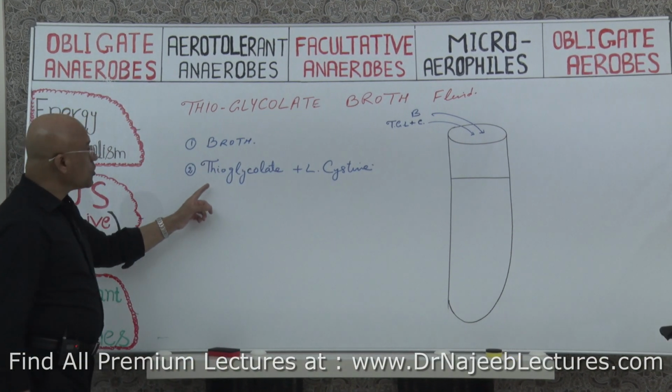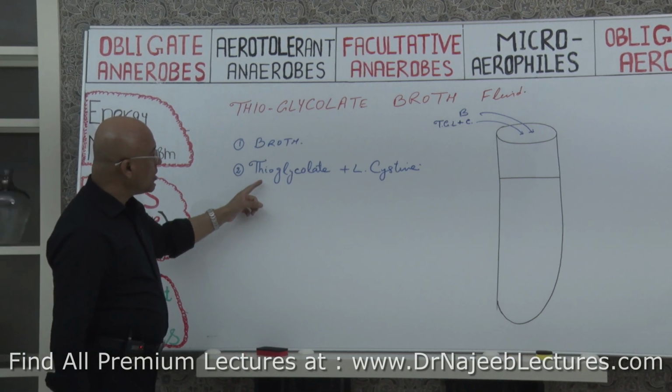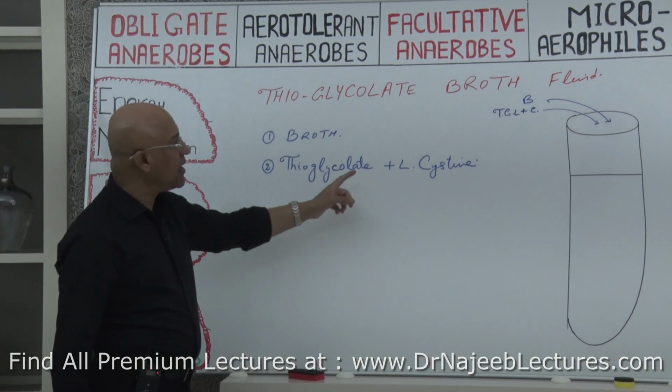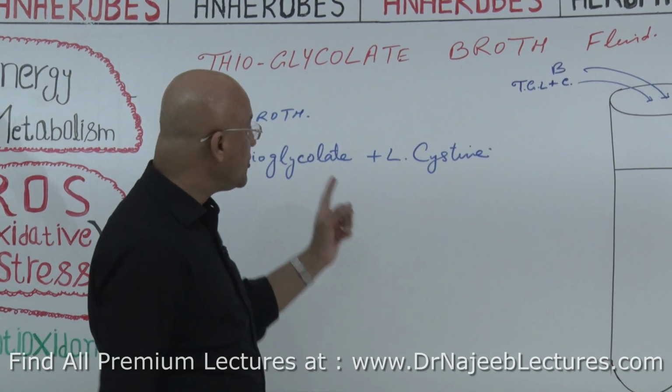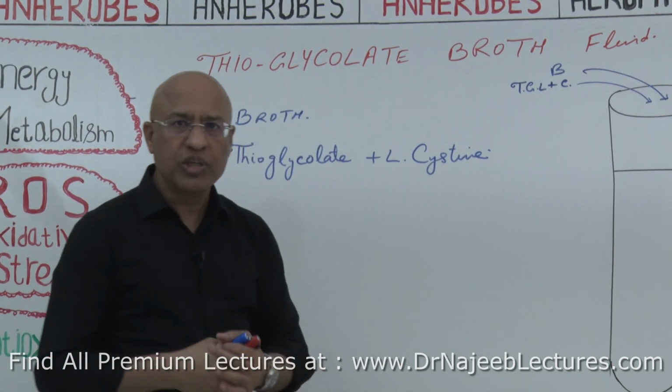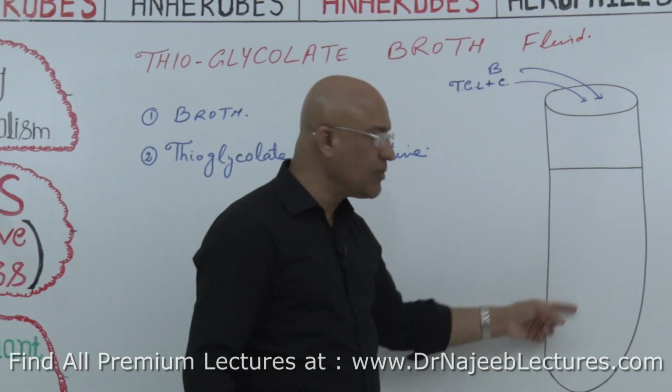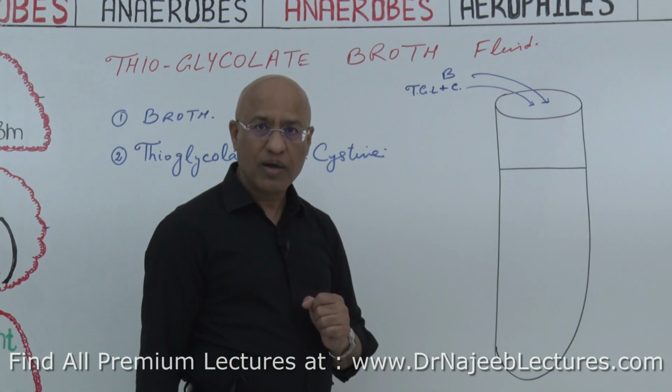Number two, to this broth liquid we add thioglycolate and or L-cysteine. These are two reducing agents which interact with the oxygen within this, right?